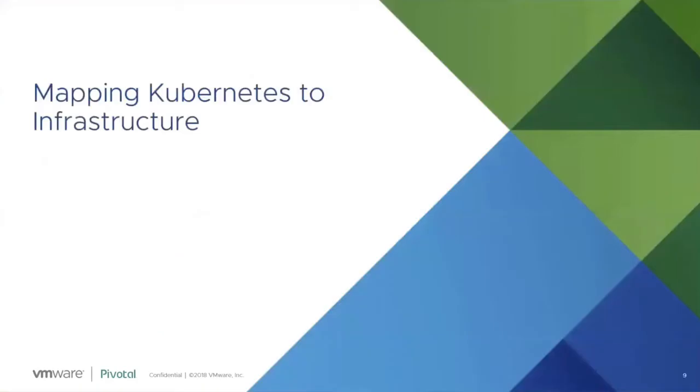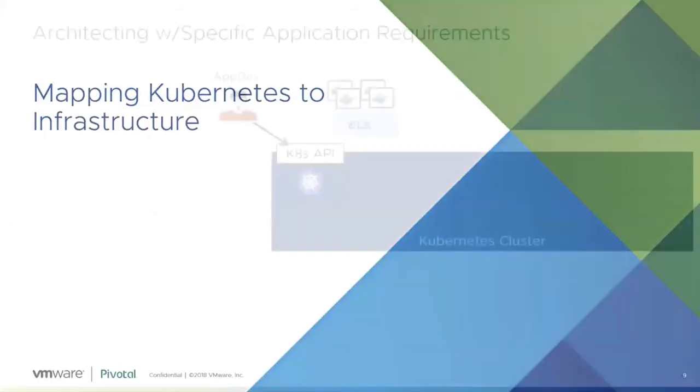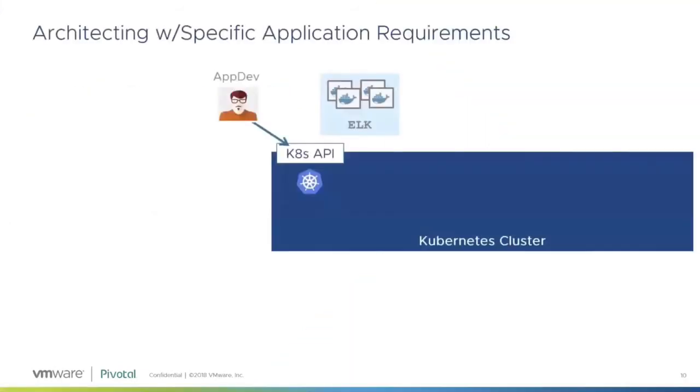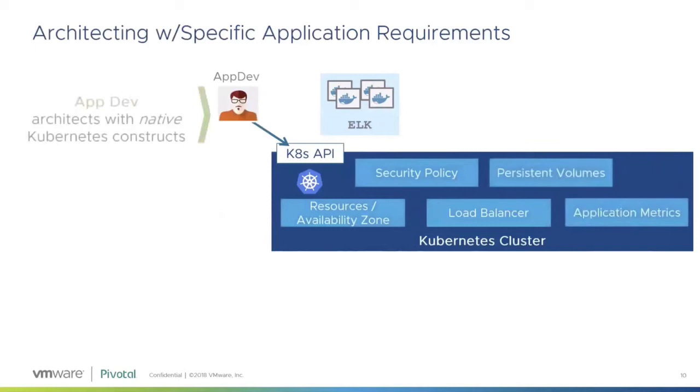So let's talk about Kubernetes itself again in terms of how it maps to infrastructure. If I'm going to architect in Kubernetes, I've got my application developer. They're looking down at the Kubernetes API, and it gives them all these cool primitives to work with, in this case to design their ELK stack. They're going to allocate resources, maybe some placement.